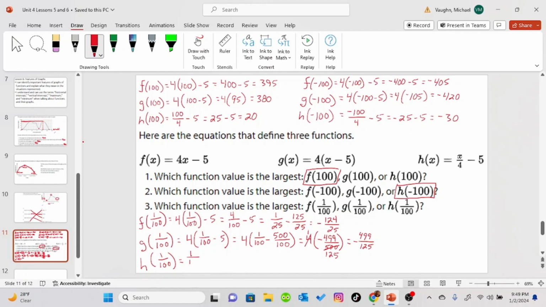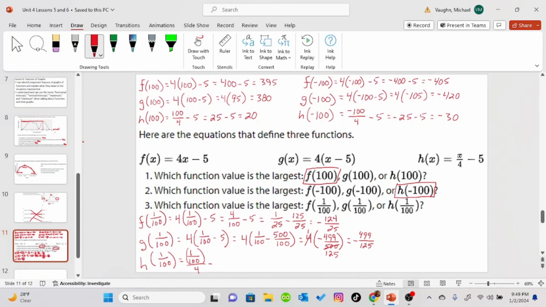And finally, h of 1 over 100 equals 1 over 100 over 4 minus 5. 1 over 100 divided by 4 becomes 1 over 100 times 1/4, minus 5. 1 over 100 times 1 over 4 is 1 over 400 minus 5.